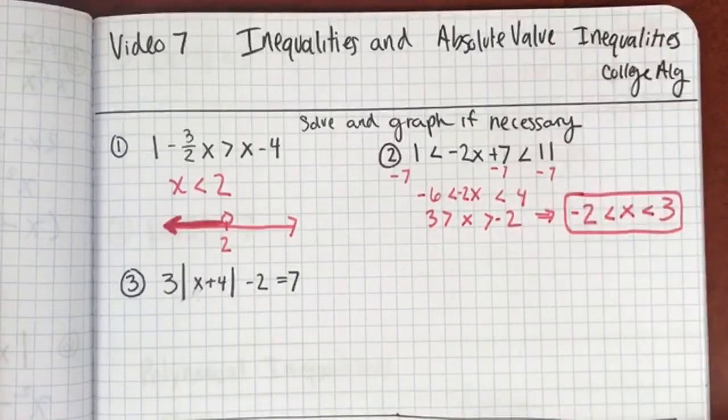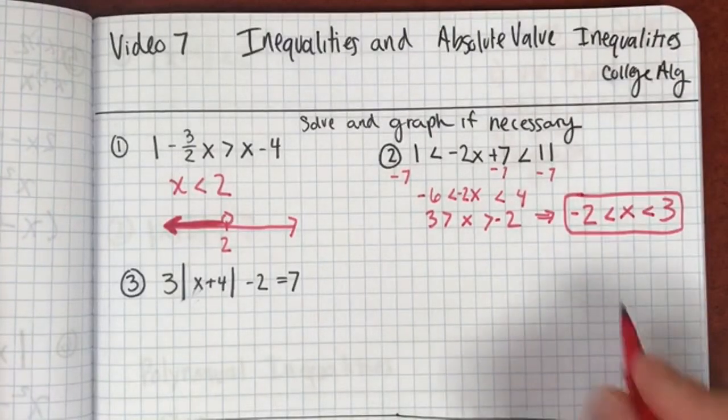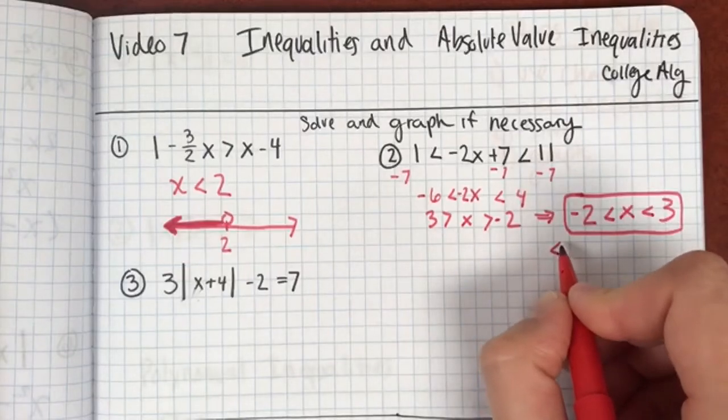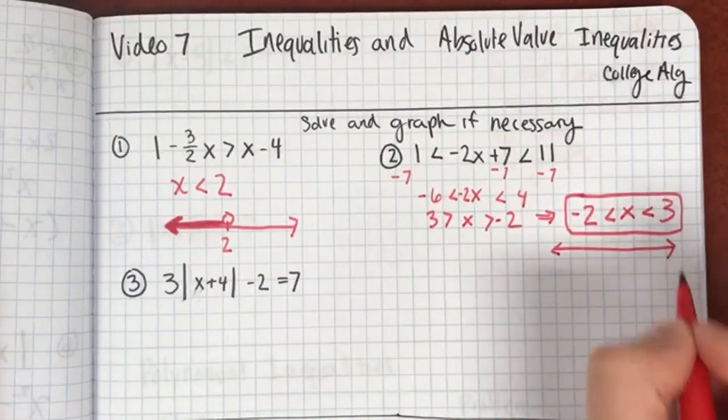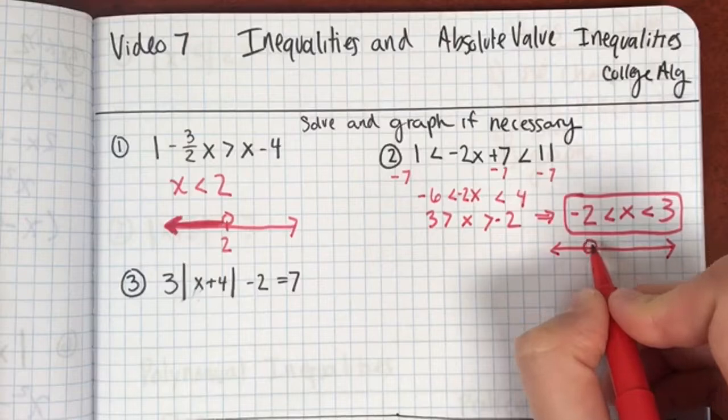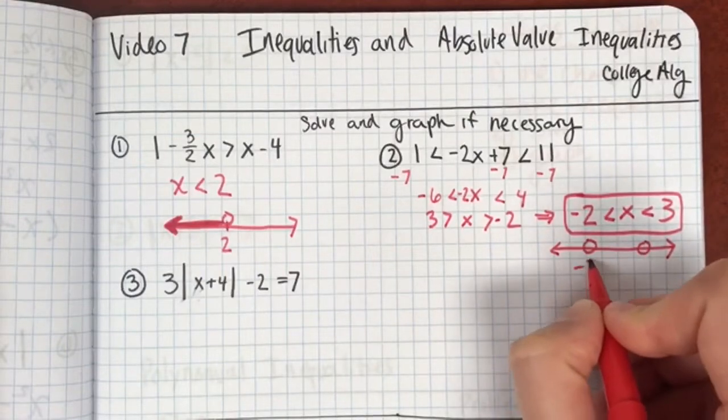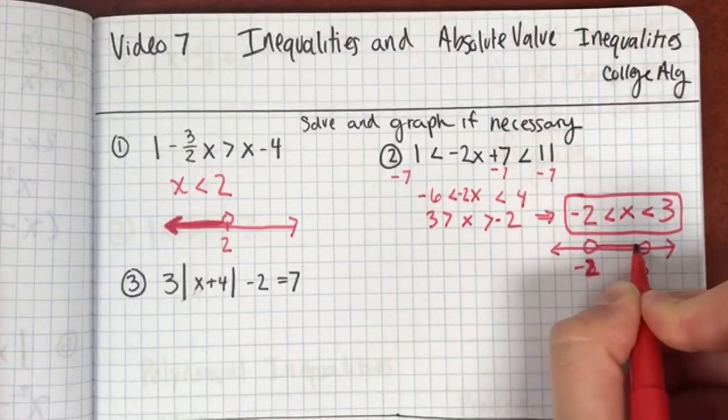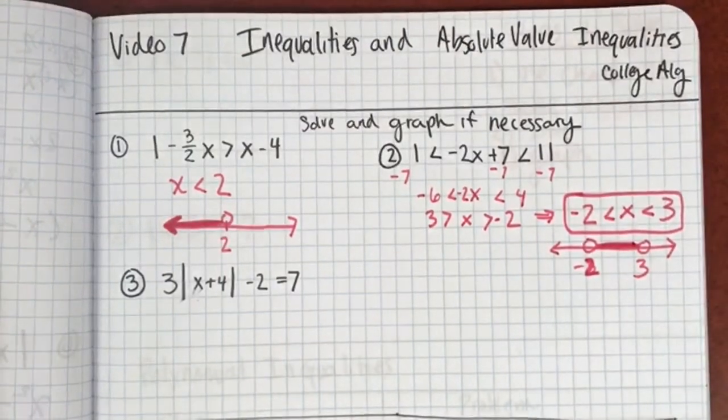Okay, it's just a little bit easier to read. And so when we are drawing this, we've got two open circles at negative 2 and 3, and it is shaded in the middle. That's our solution set.